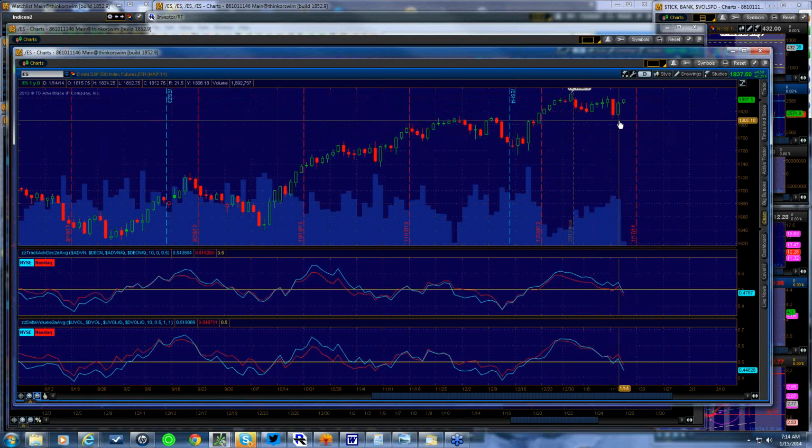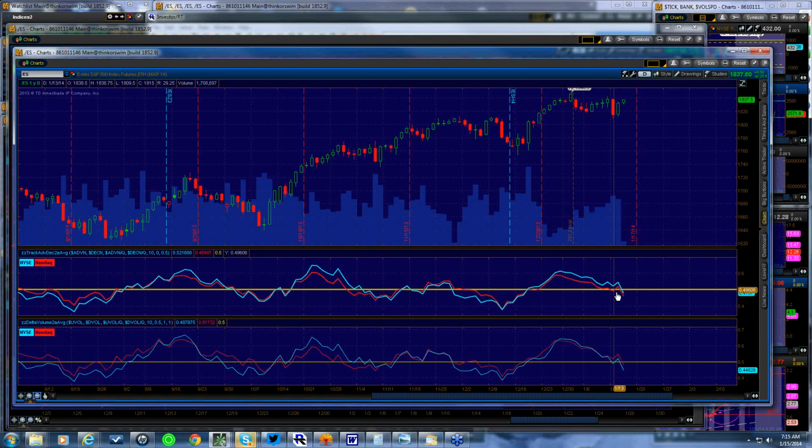Here's yesterday, where we had the recovery from that move lower. And we did have a little move up in breadth, so that we're slightly above the break-even level of 50% for advance-decline and up-down volume.